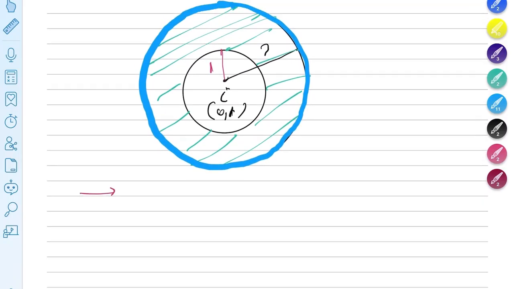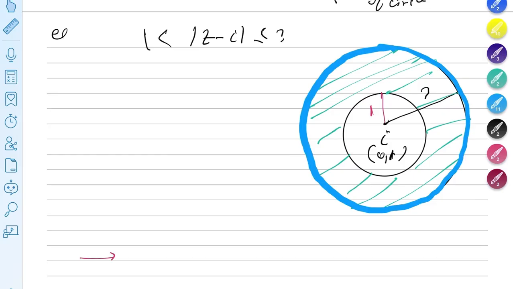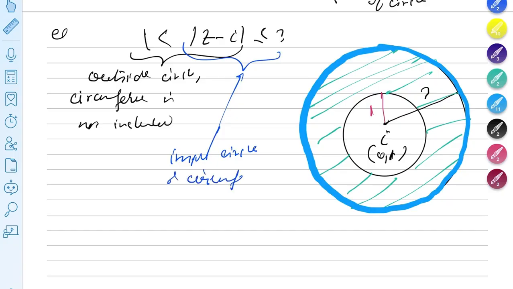I can say that this particular part represents the outside of the circle, where the circumference is not included. Whereas this region, I can say, is the inside of the circle, and the circumference is included.